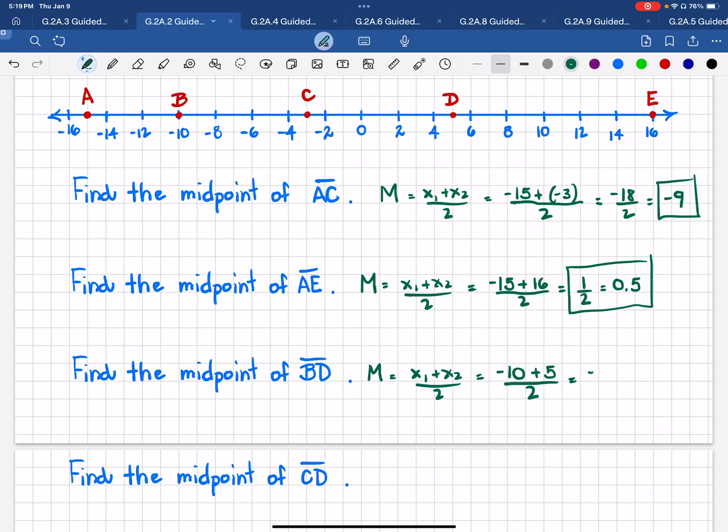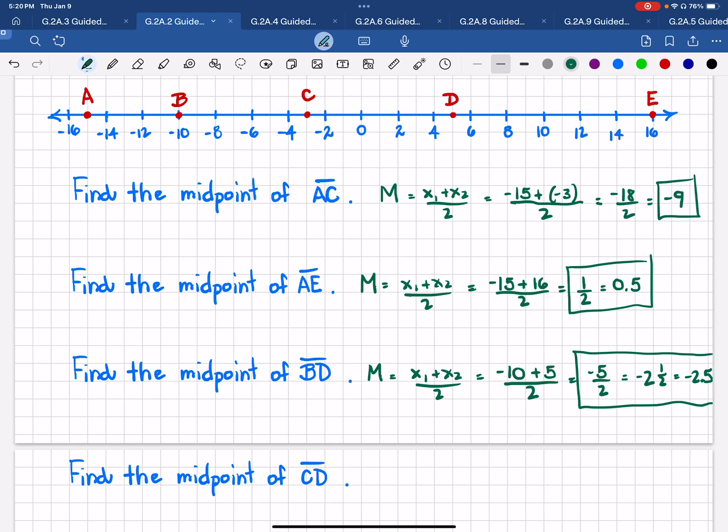So negative 10 plus 5 gives me a negative 5 in the numerator, a 2 in the denominator. I divide negative 5 by 2, and I get a negative 2.5. So I have written it as an improper fraction, a mixed number, and a decimal number.